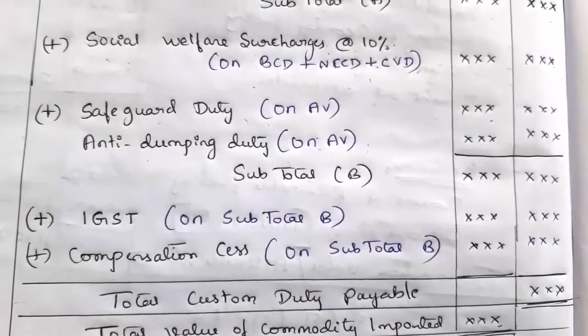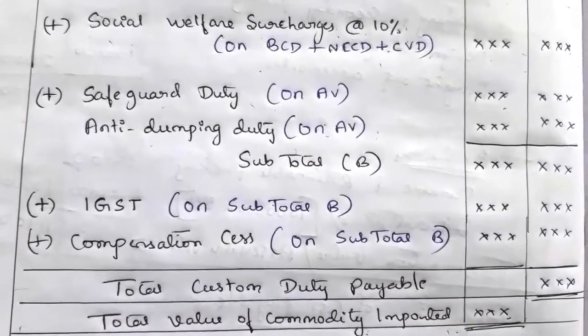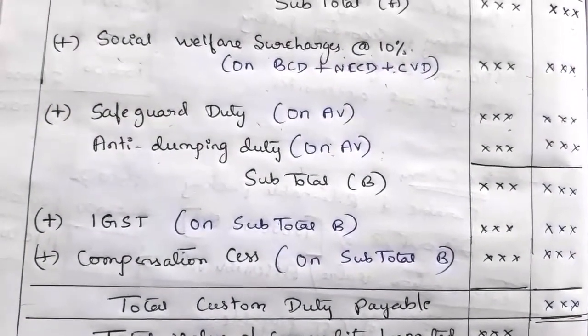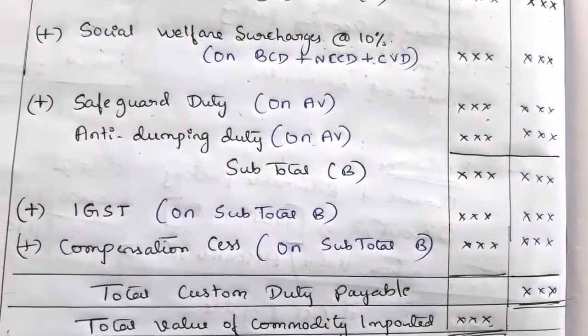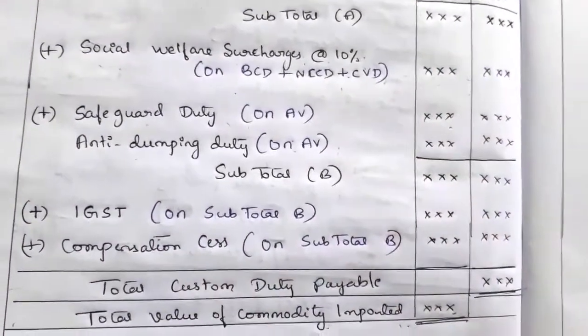For dumping purposes, they might sell the commodities to our country at a low price. So in order to protect against dumping goods, anti-dumping duty will be levied on the assessable value.